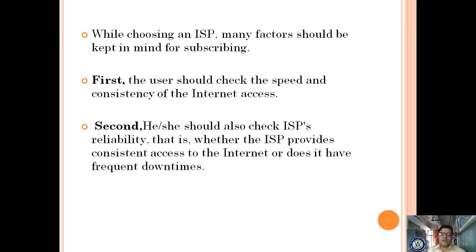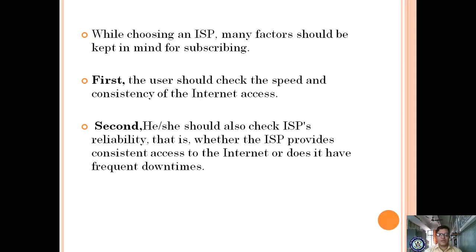Second, the user should also check the ISP's reliability. That is, whether the ISP provides consistent access to the internet or has frequent downtimes. After choosing our ISP, we also have to check the reliability. Reliability is nothing but trust. We have to check whether it is working steadily or going down.